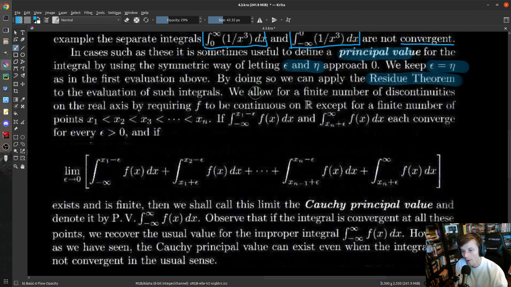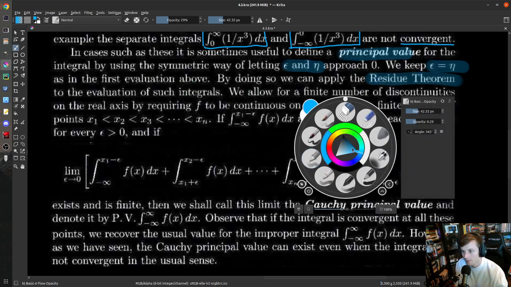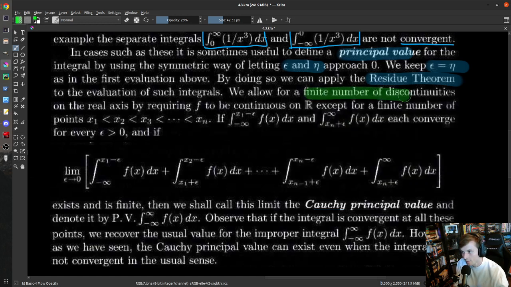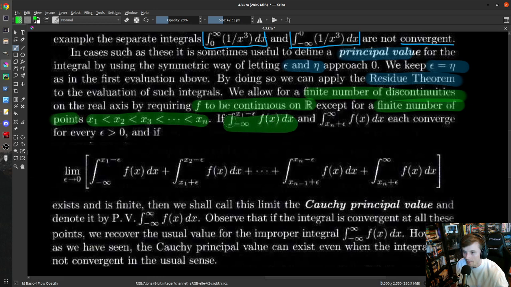So we'll allow for a finite number of discontinuities on the real axis, by requiring f to be continuous on R, except for a finite number of points. We'll call them x1 up to xn. We'll put them in order like that. So we'll need these to converge: the integral from, say, negative infinity up to x1 minus epsilon, and then the integral from xn plus epsilon up to infinity.